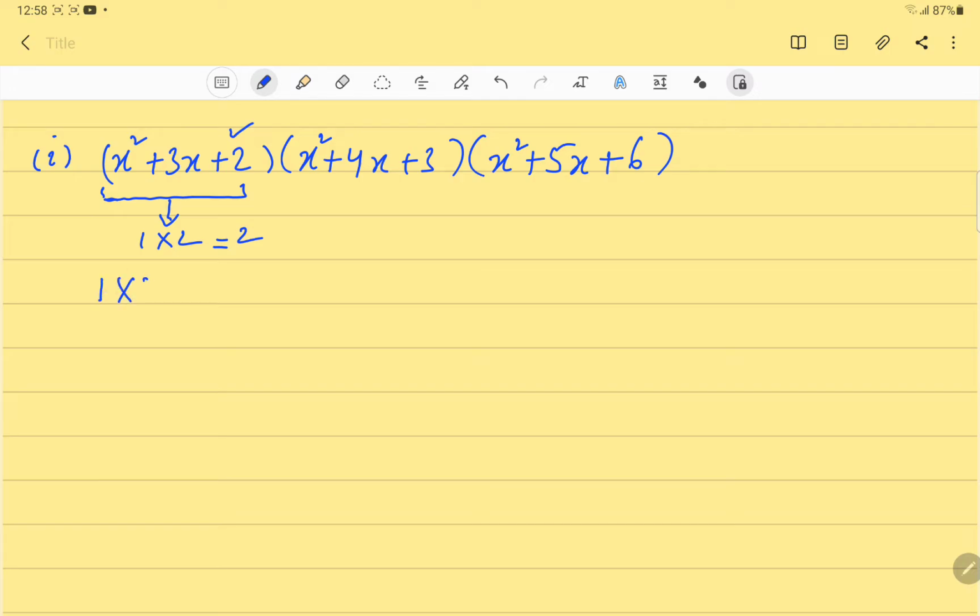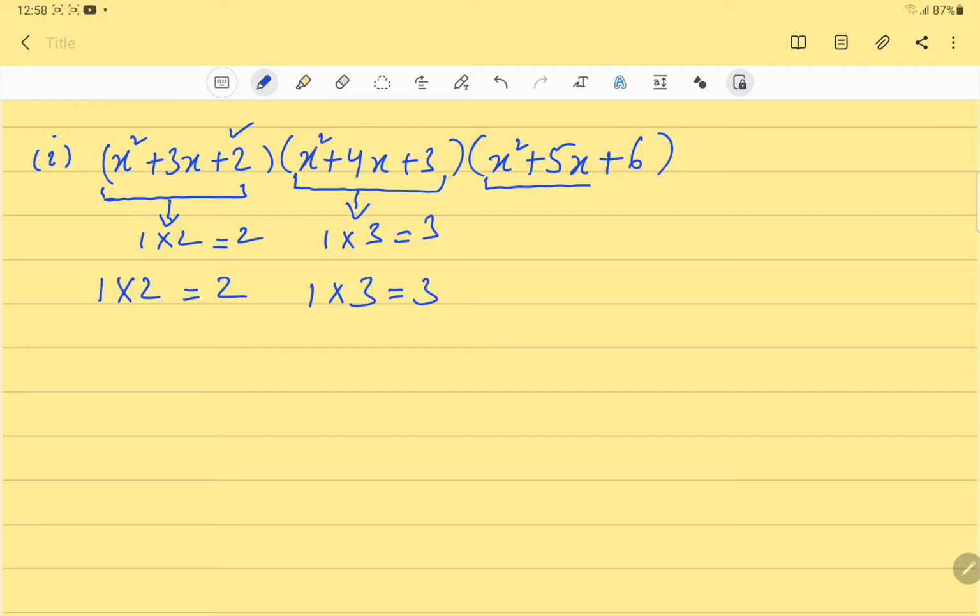All the possible pairs of factors in this case are 1 into 2, which is the only one. Then we go to the second one. Again we multiply the coefficient of x squared, which is 1, with the last number 3. So 1 into 3 is 3. Again we have only one possible pair of factors, which is 1 into 3 is equal to 3.